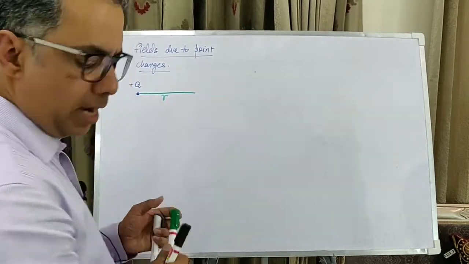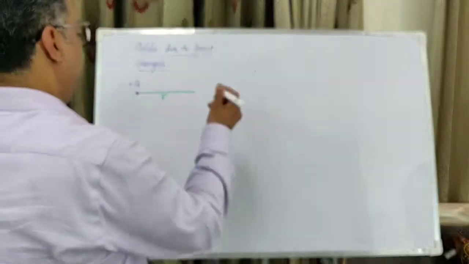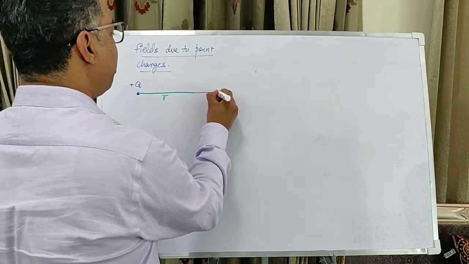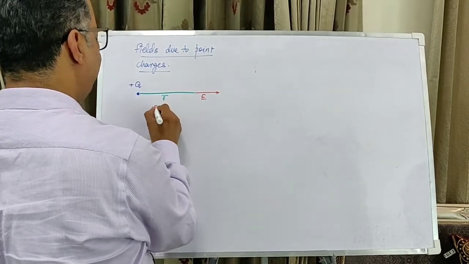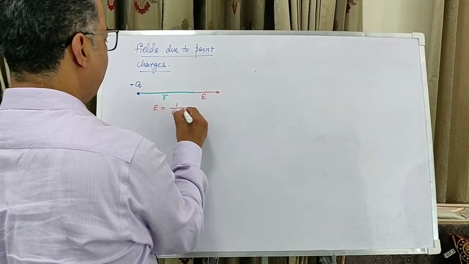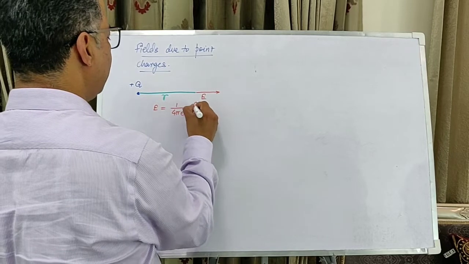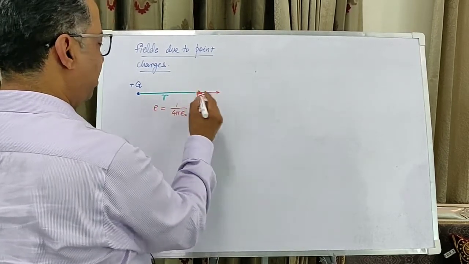Now its electric field at a distance r will be pointing away from the charge and will have a magnitude 1 by 4 pi epsilon naught q by r square, where r is this distance.